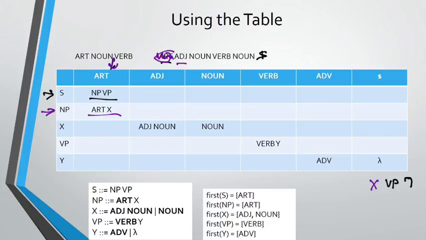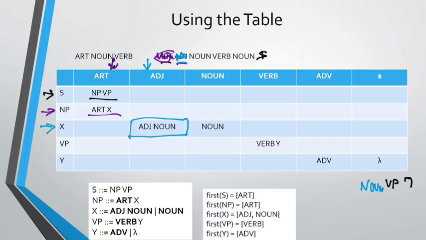I now have an X on the stack and an adjective, excuse me, on the input. So I will use this production to rewrite X as adjective noun. At this point I can match adjective with adjective, so we'll do that.